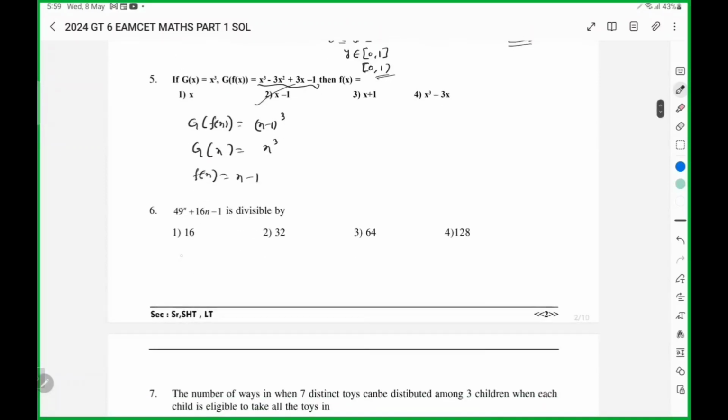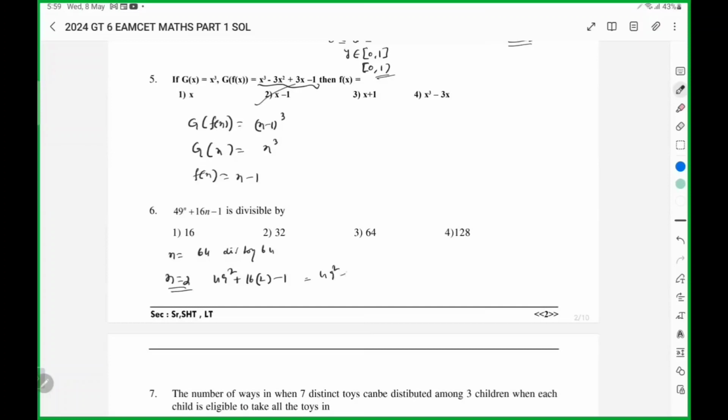Here it is divisible, meaning n equal to 1, 64 divisible by 64. You have to check n equal to 2. 49 square plus 16 into 2 minus 1.